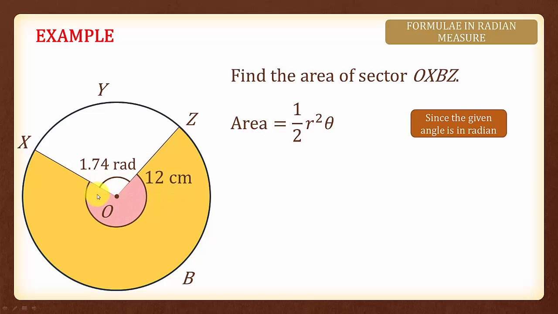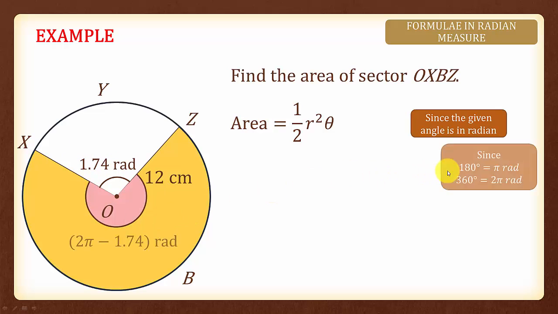We cannot use 360 degrees minus the angle here because 360 degrees is in degree, whereby 1.74 is in radian. And therefore, we will need to convert 360 degrees into radian. Instead of 360 degrees minus the angle, we will have 2 pi minus 1.74 radian to give us this angle here subtended by the major arc.